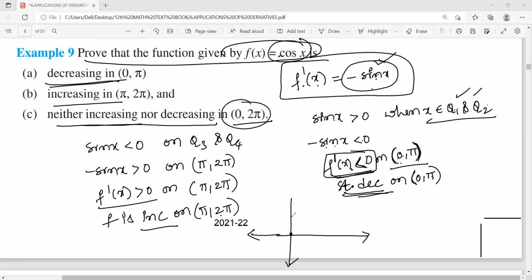That's why I draw it. So cos x at 0 will be 1, and when it comes to pi by 2, it will be 0, like this. And this one will be pi, with 1 at 0 and minus 1 here. You understand?